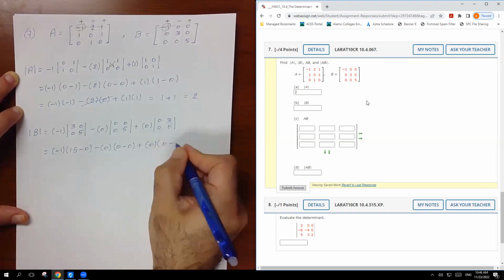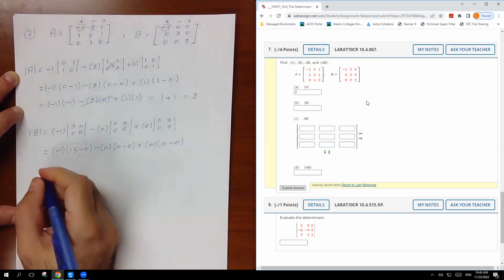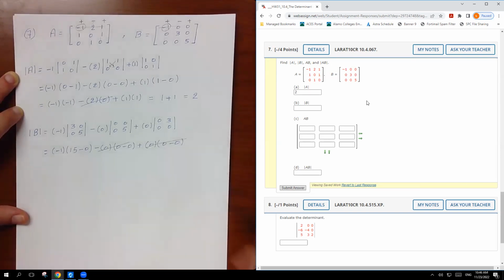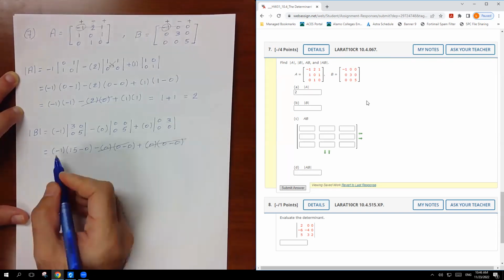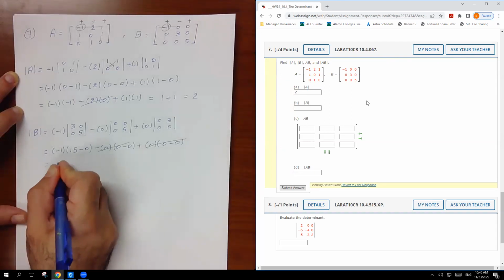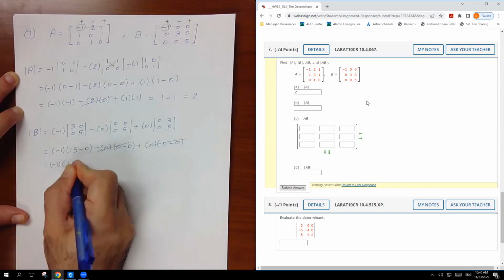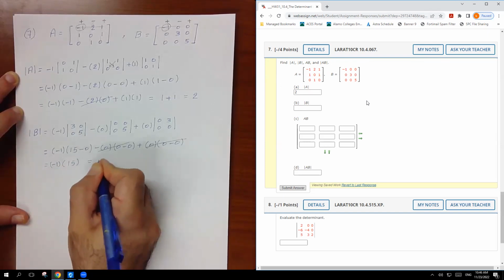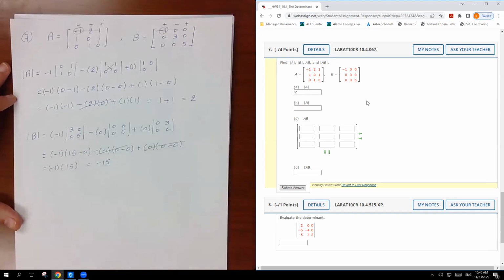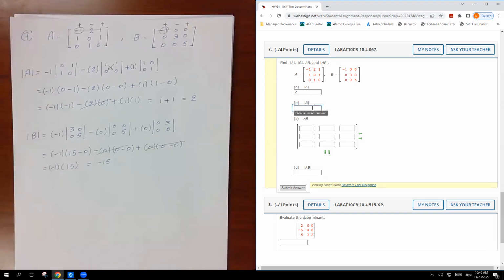Minus 3 times 0 is going to be 0. So if you look here, the whole thing is 0. This is also 0. What's left here is just -1 times 15, which is equal to -15. So the determinant for the matrix B is going to be -15.